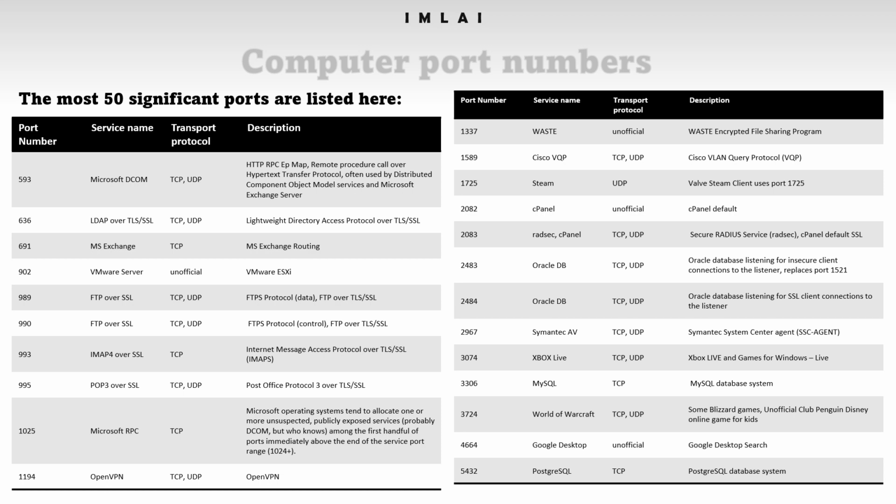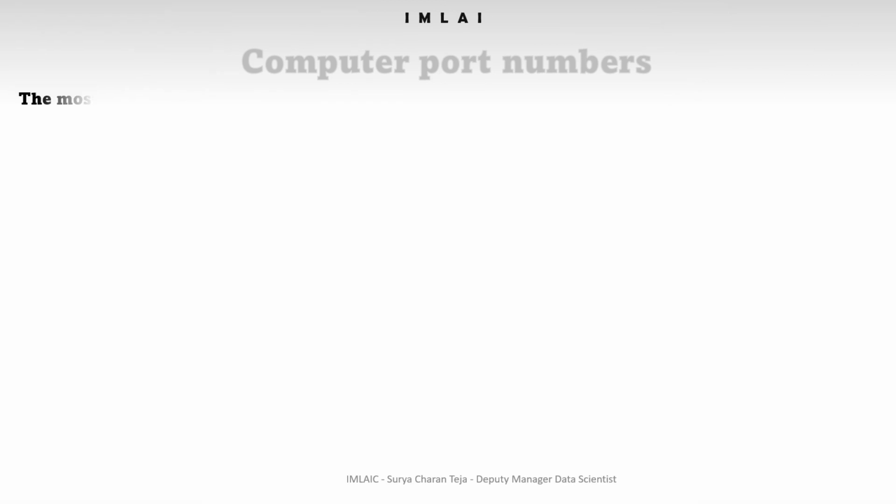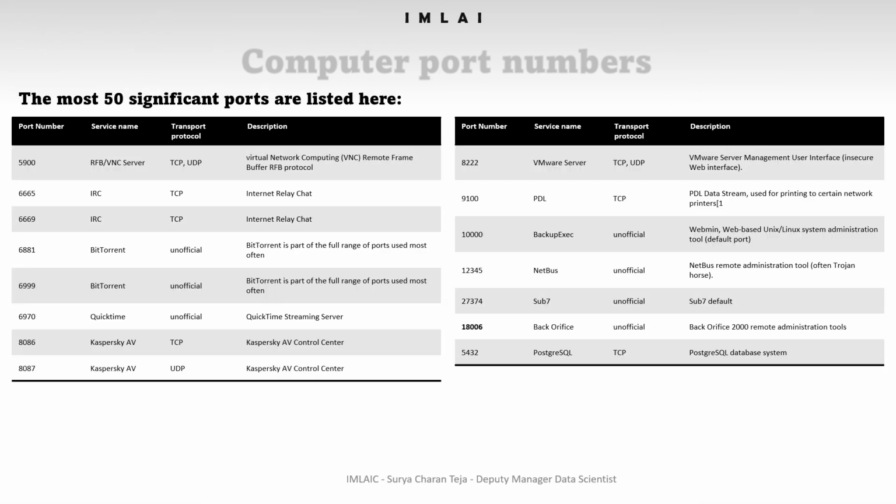Then we have PostgreSQL. For the PostgreSQL database system, you should have a port number of 5432 with transport protocol TCP. Then, RFB VNC server, this is the virtual network computing remote frame buffer RFB protocol, and 5900 is the port number.